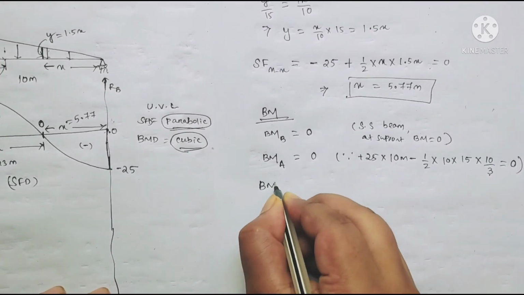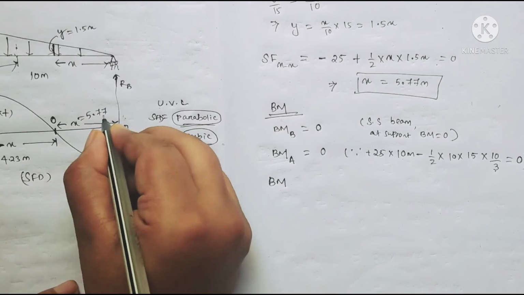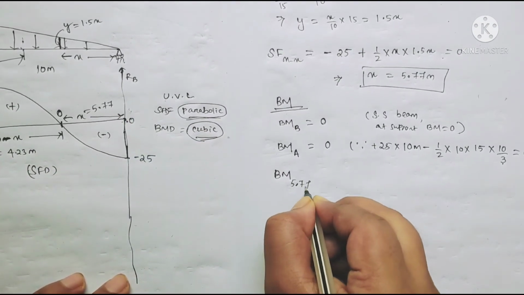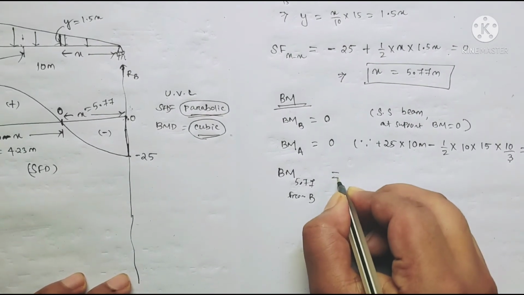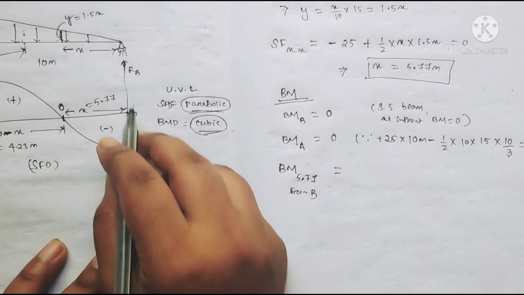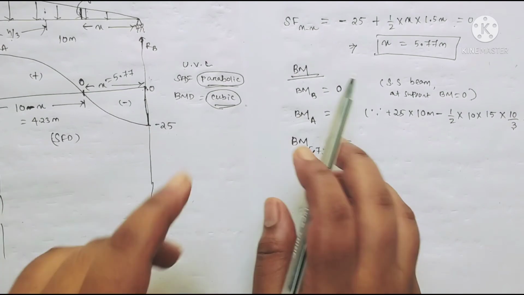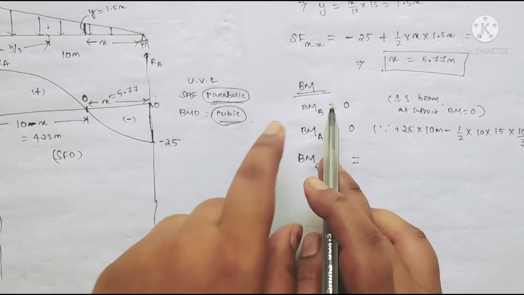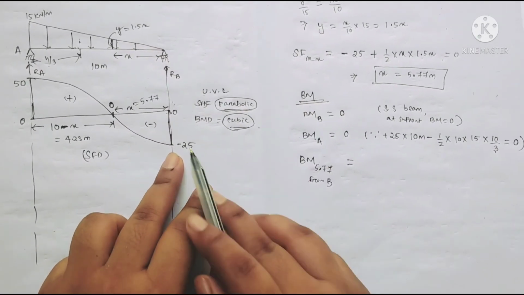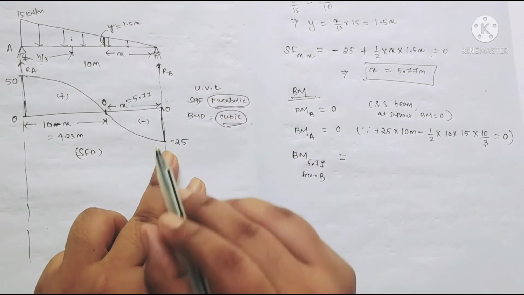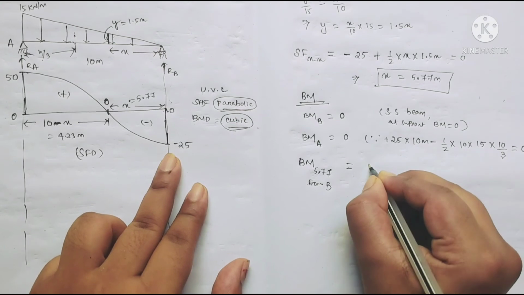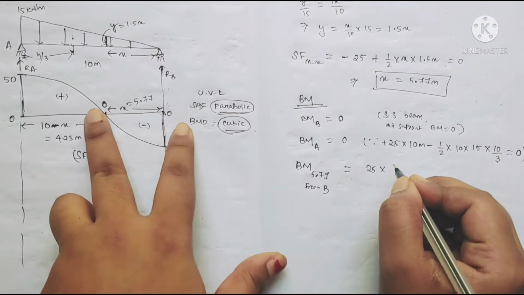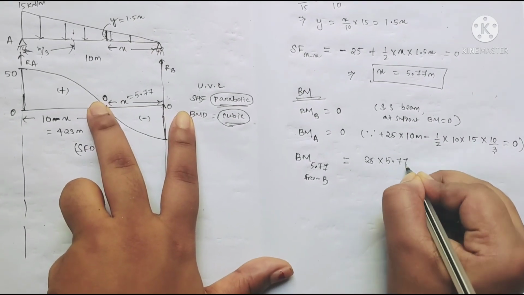Now what is the bending moment at a distance 5.77 from support B? Keep in mind that an upward force is positive and a downward force is negative. The force RB is upward, so it will be positive: plus 25 into the perpendicular distance 5.77.